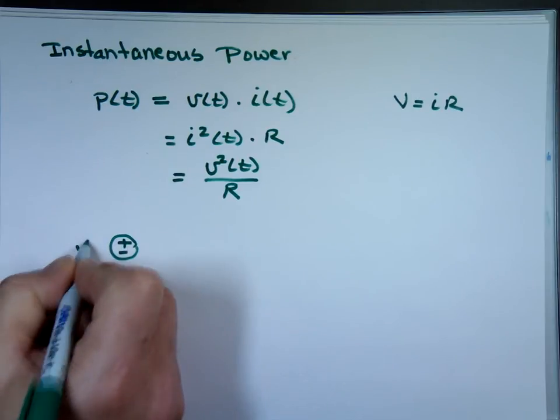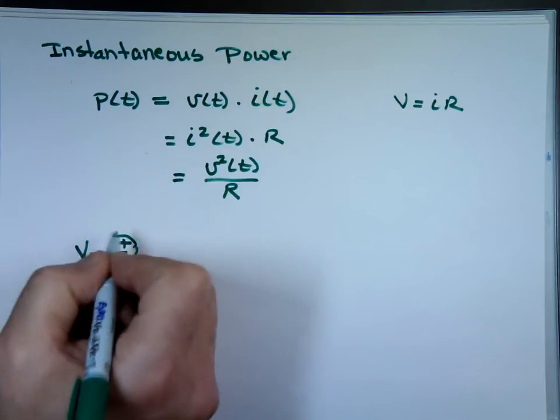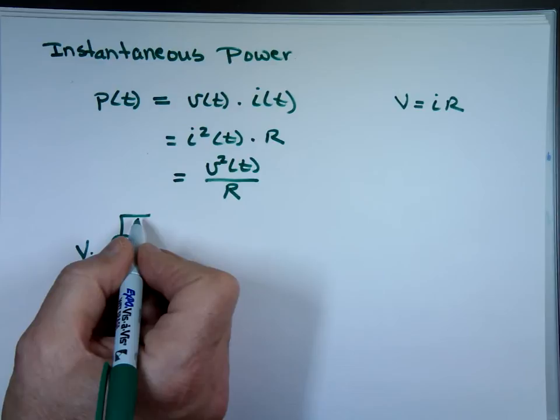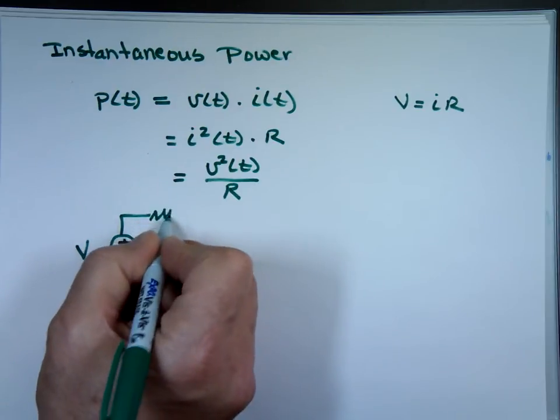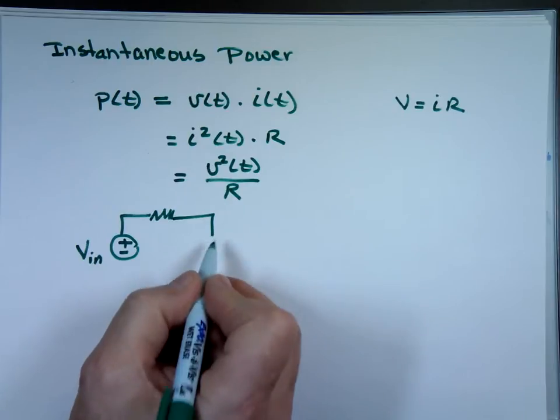This is, we'll call it V sub N, as a function of time. Going through a resistor, going through an inductor.